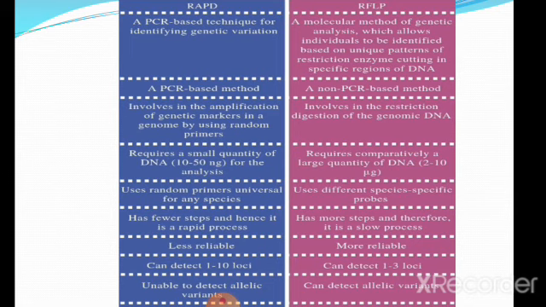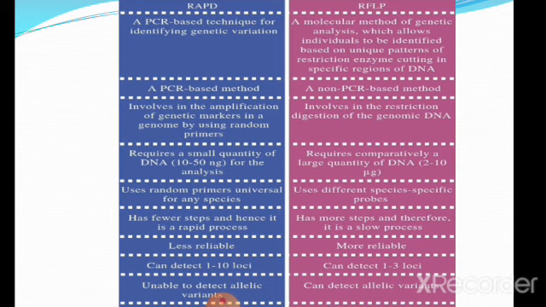So this is a PCR based method and this is a restriction digestion based method. Then RAPD involves amplification of genetic markers in a genome by using random primers, whereas RFLP involves restriction digestion of the genomic DNA by making use of restriction endonucleases.